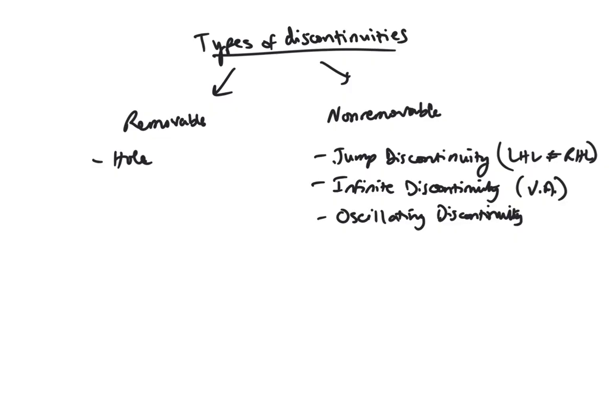We use the term oscillating to describe a limit not existing as we go towards infinity with one of our sinusoidal functions like sine of x. This is a little bit different because we're talking about a specific point, not as x is going towards infinity. But there are some functions that as you zoom in really close to a point, they keep oscillating and never actually reach a value. Very weird.